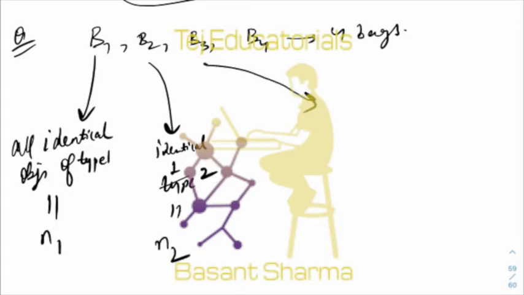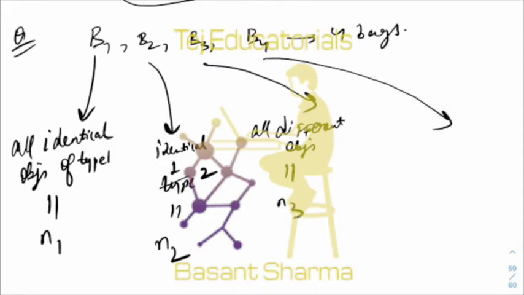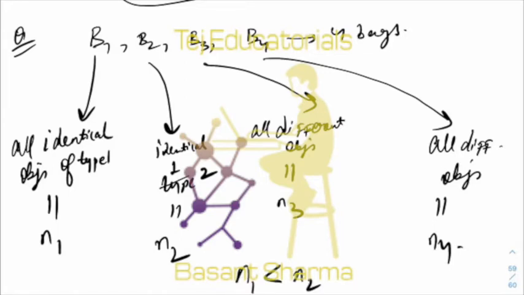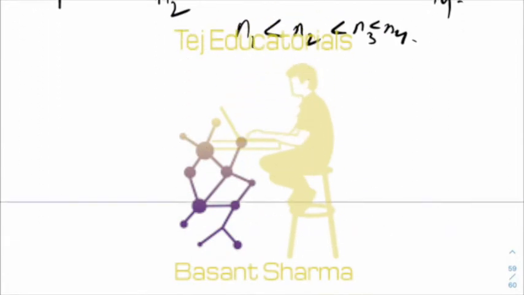B3 contains all different objects, and they are n3 in number, and B4 contains all different objects and they are n4 in number. And it is given that n1 is strictly less than n2 is strictly less than n3 is strictly less than n4.